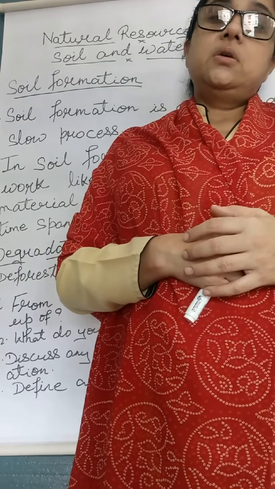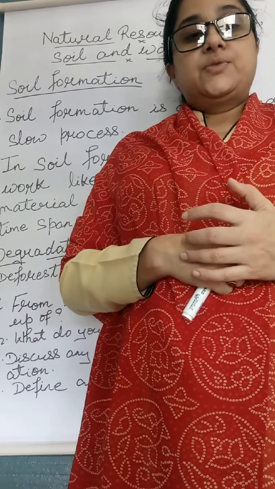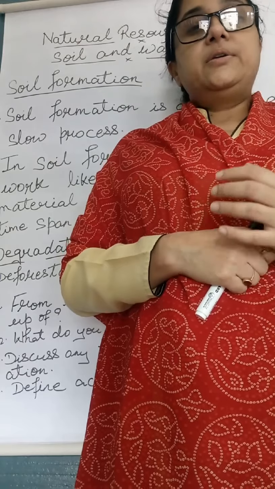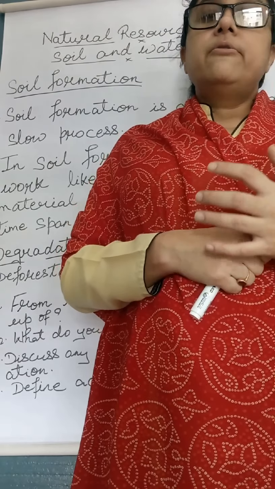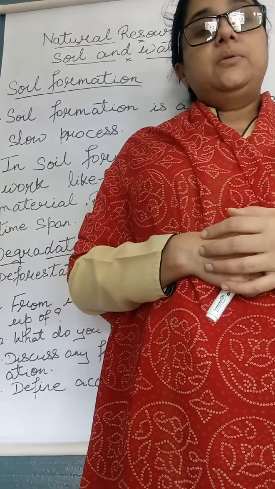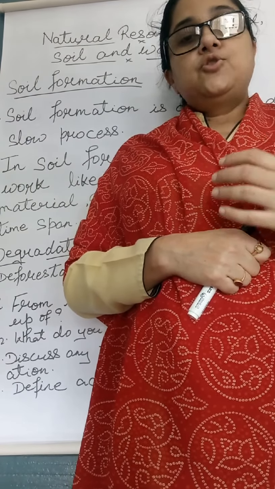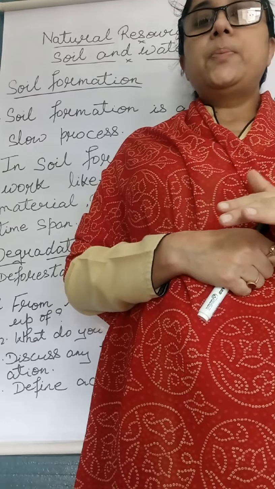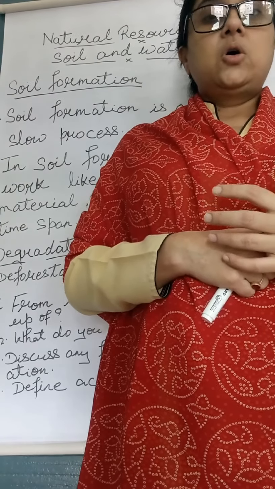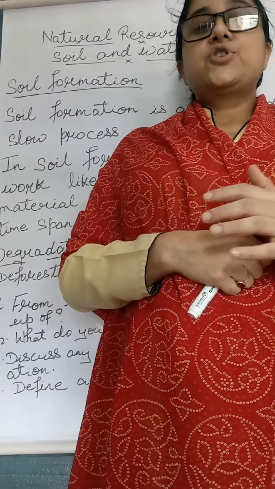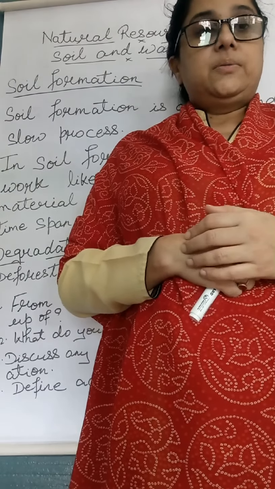Now we are using HYV seeds, that's why we are doing a lot of agriculture on the land, and it decreases the soil fertility. Rain is also responsible. When there is too much heavy rain, the topsoil, or the fertile humus soil, is washed away with the rain.